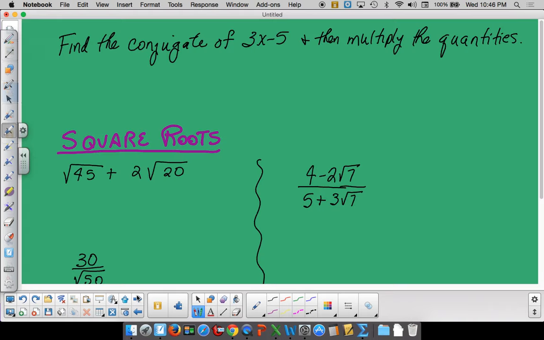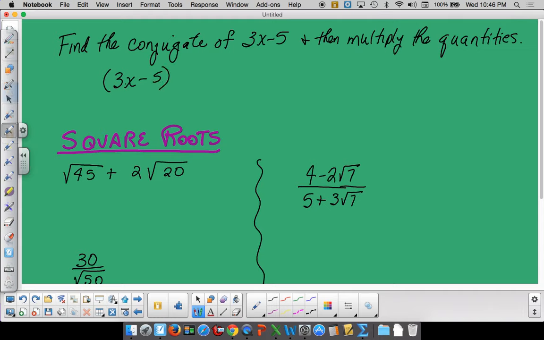Moving on then. The last thing we need to do with polynomials is a question that I think you won't have any trouble with. It's just a matter of whether you remember what the terminology means. It's going to say find the conjugate of 3x minus 5 and then multiply the quantities. So the question is, what was a conjugate? We didn't actually use it that frequently with this type of problem, but we actually used it for this problem down here on the bottom right.